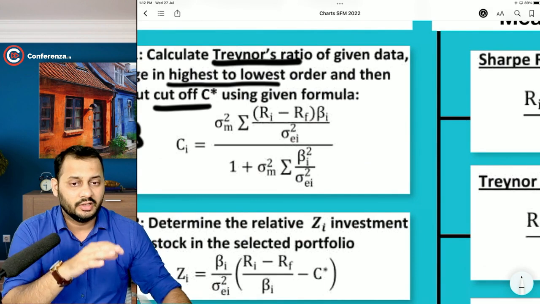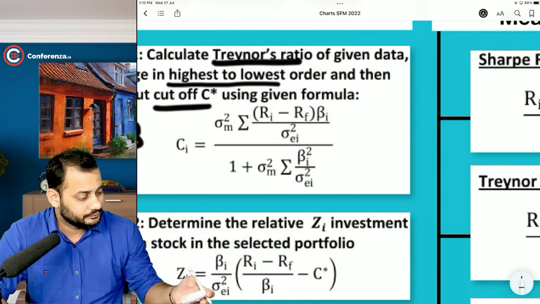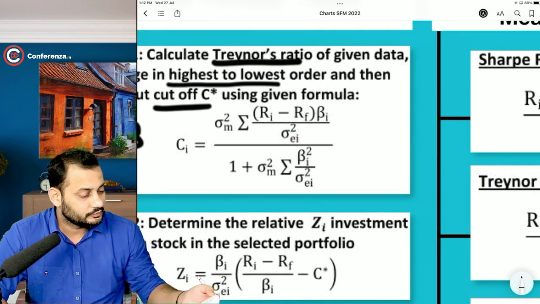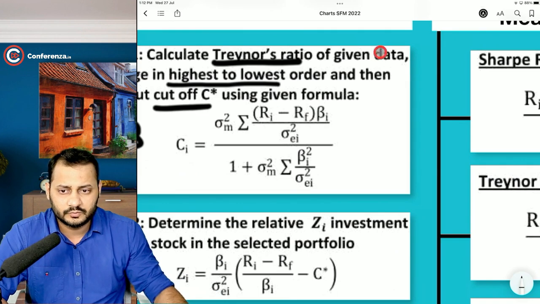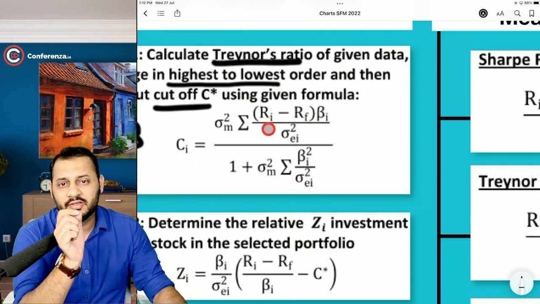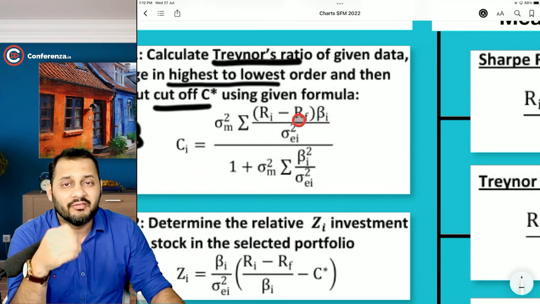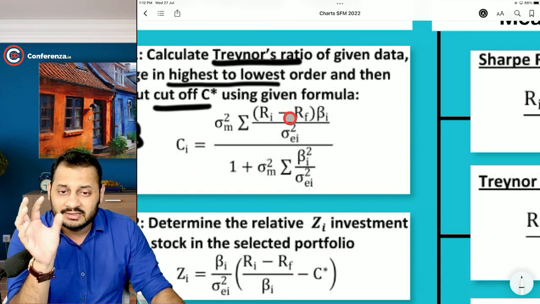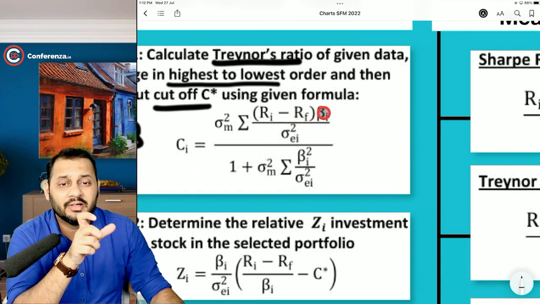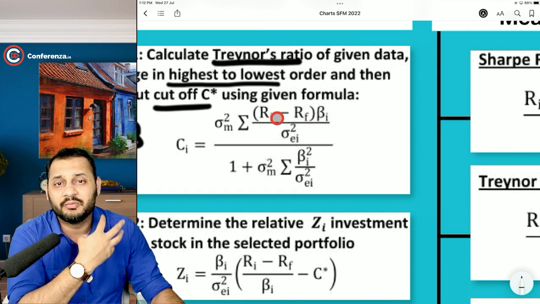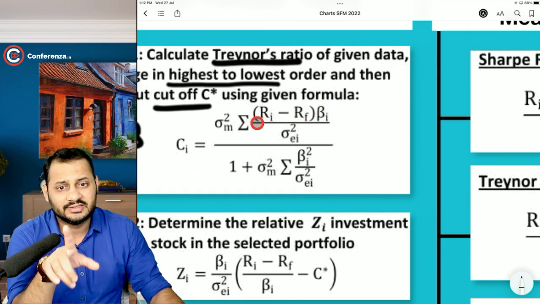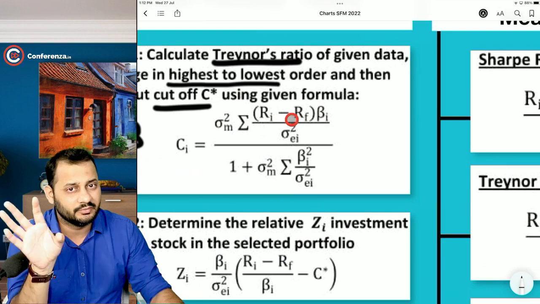In the numerator, first you will calculate the premium Ri minus Rf that every security is offering, and then that premium will be multiplied by the beta to calculate the extra premium that we should receive. This is just Ri minus Rf, the premium of the security.